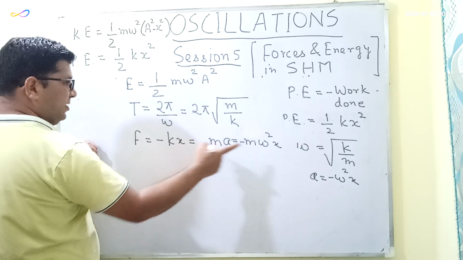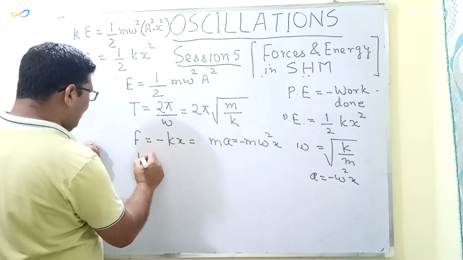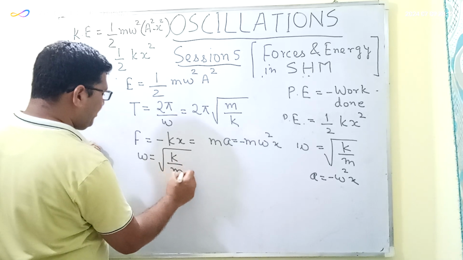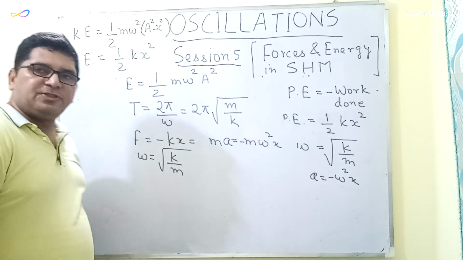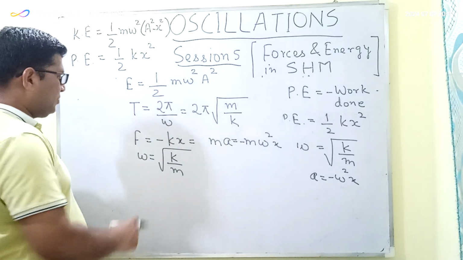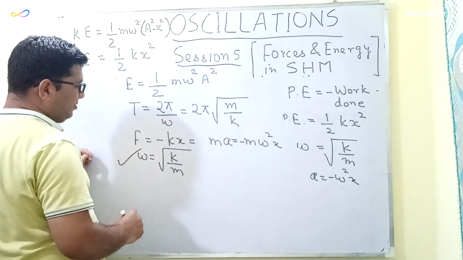So from here we were able to find the value of omega, which was equal to under root k by m, and omega is the angular frequency, or you can also term it as angular velocity. So we have found the angular frequency or the angular velocity.